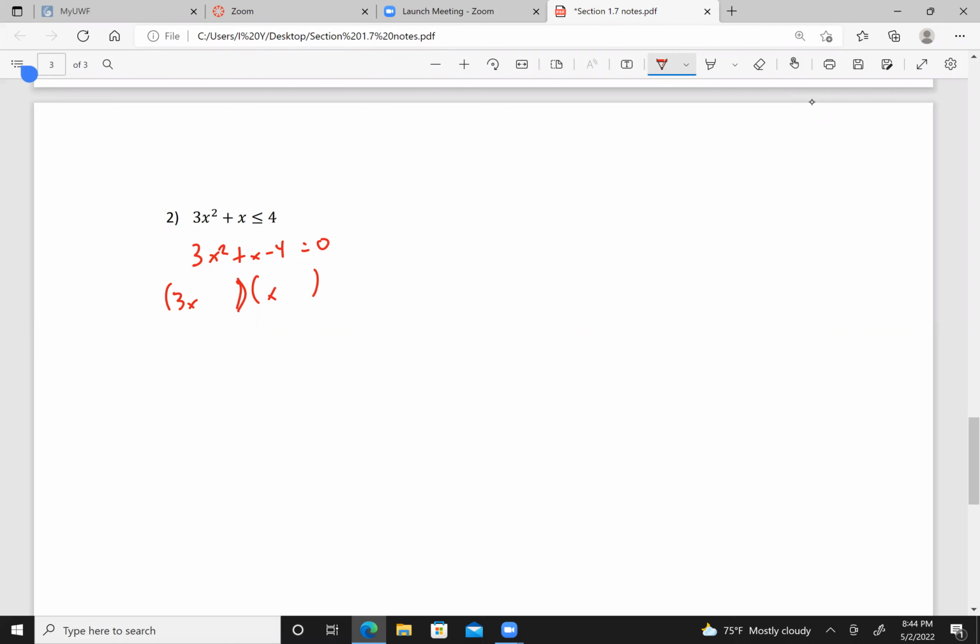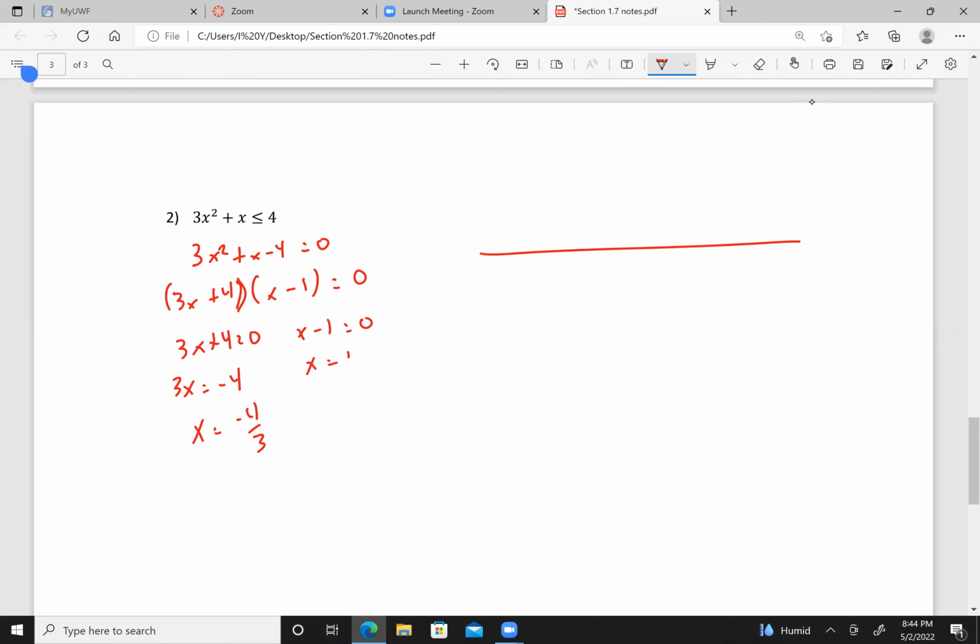Let's see. -1 plus 4. There we go. I have 3x plus 4 equals 0, and I have x minus 1 equals 0. x equals 1. 3x equals -4, so x equals -4 thirds.